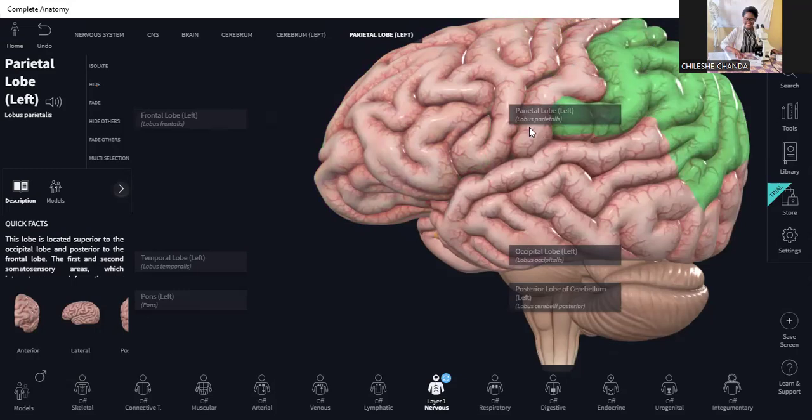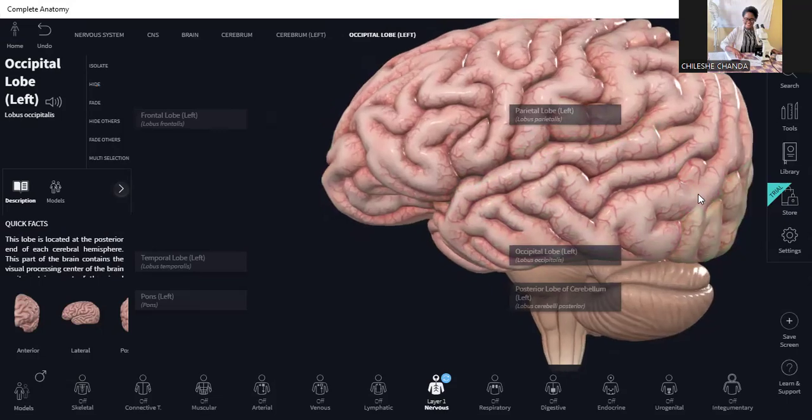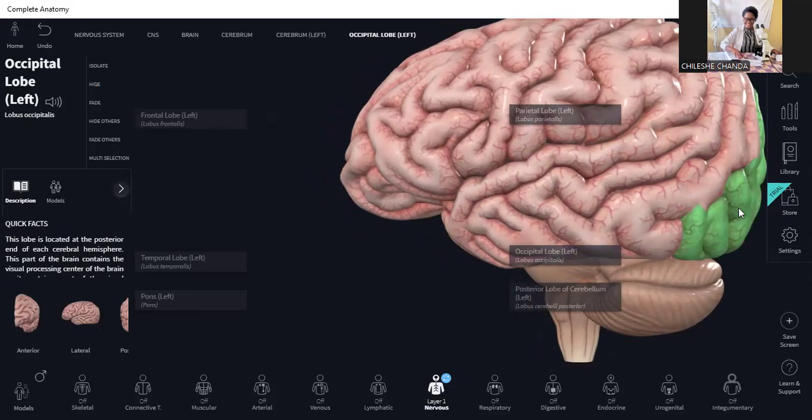On the lateral aspect, lateral to the frontal and the parietal lobe, we find the temporal lobe. The temporal lobe is separated from the frontal lobe and the parietal lobe by the lateral sulcus, or the lateral sulcus of Sylvius. And the 4th lobe that each hemisphere has is known as the occipital lobe.